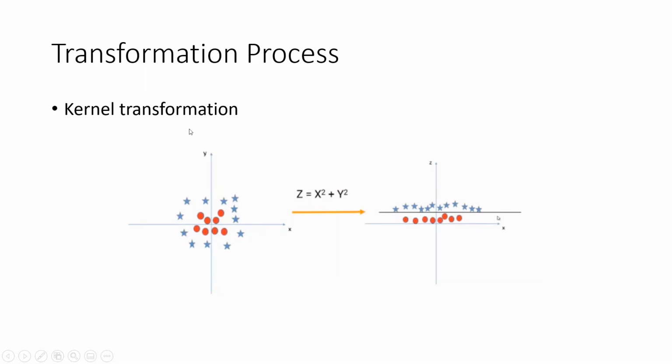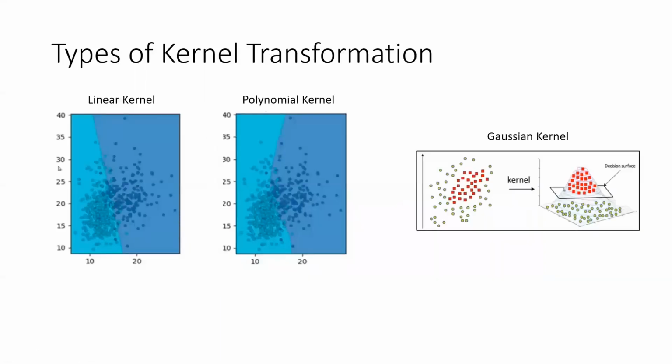So in case your data points are not linearly separable, you apply this sort of transformation process to make it linearly separable. This particular transformation that we saw here is called the kernel transformation process. Similarly, there are other transformation processes within the kernel transformation.